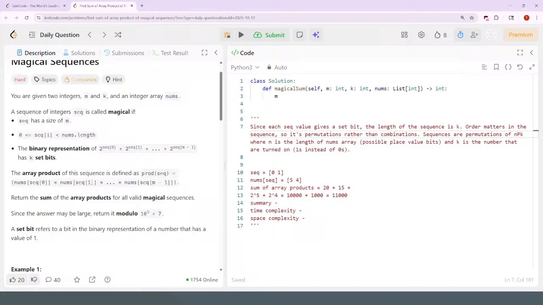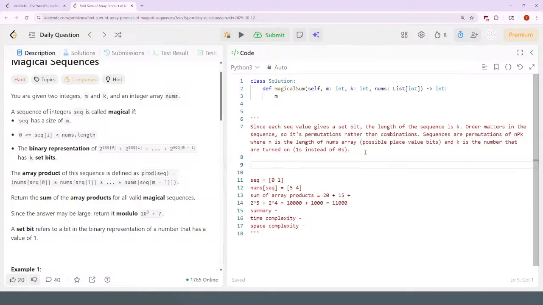Because what happens is, if each value in the sequence is unique, and the sequence has length M, then the number of set bits will be M.